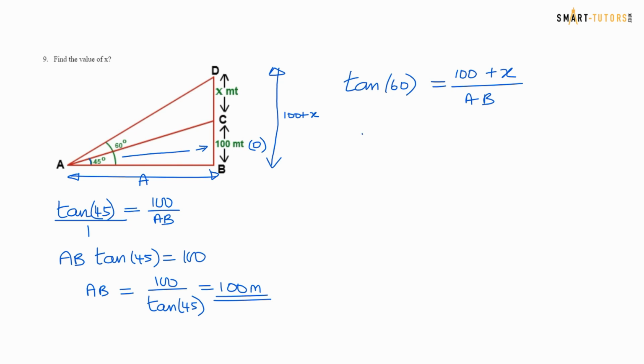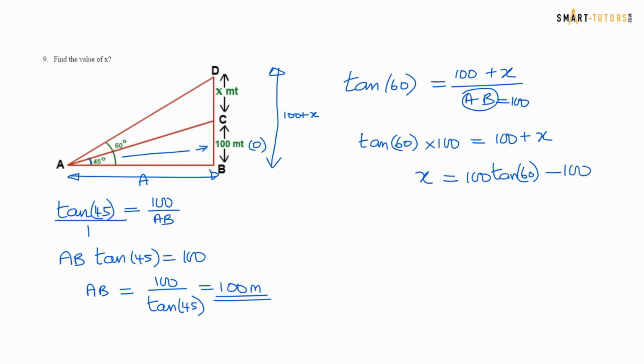So tan 60, this AB is also 100. We already found that. So tan 60 times 100 equals 100 plus x. So x equals 100 tan 60 minus 100, right?